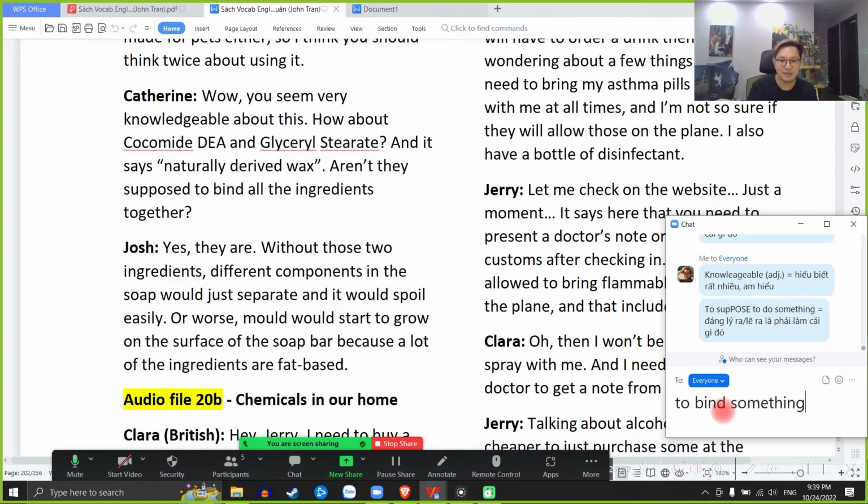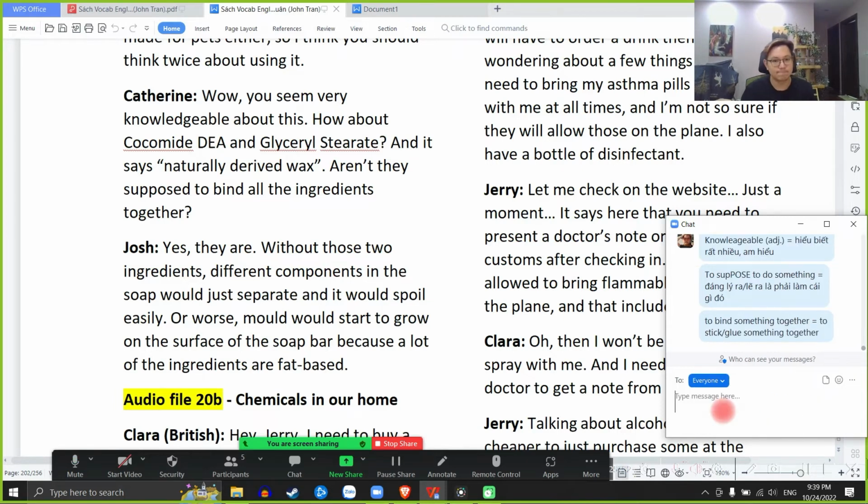To bind something together means to glue hoặc là to stick something together. Yes, they are.